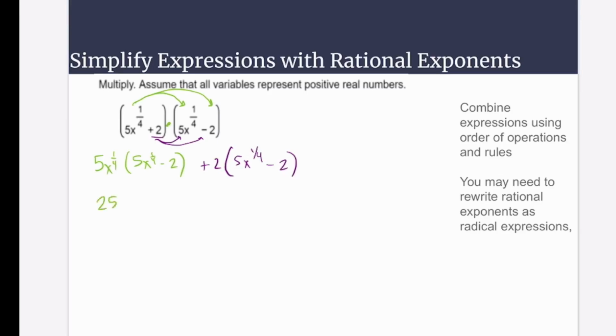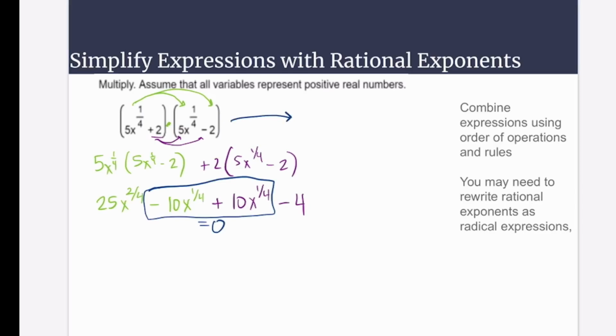So we have 25x to the 2/4 because we add exponents when we multiply, minus 10x to the 1/4. And then we have plus 10x to the 1/4 minus 4. Negative 10x to the 1/4 plus 10x to the 1/4 is 0.